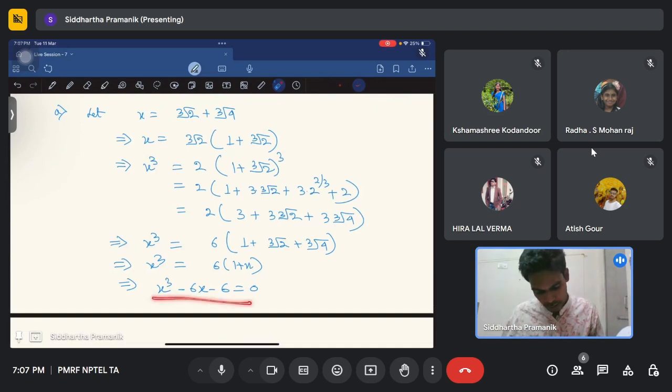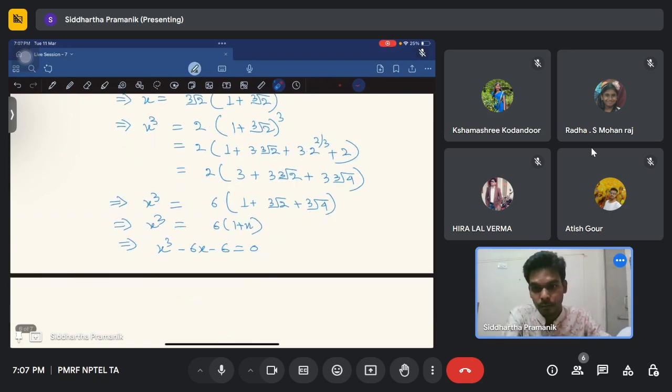Now is it irreducible? Can you check? So is it an irreducible polynomial in Q of x?